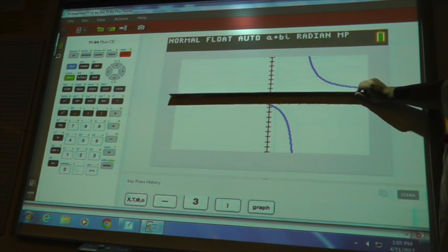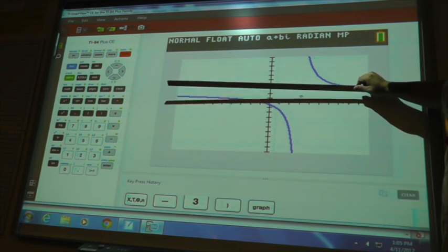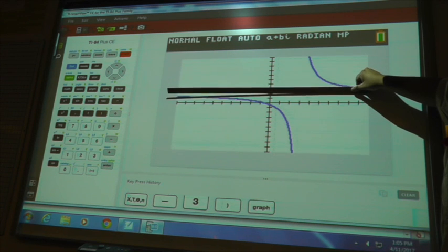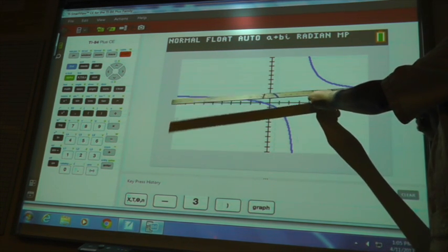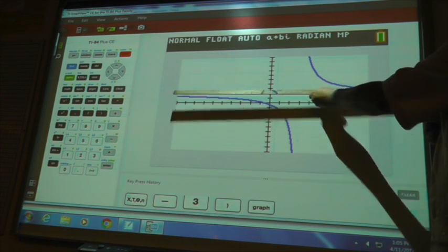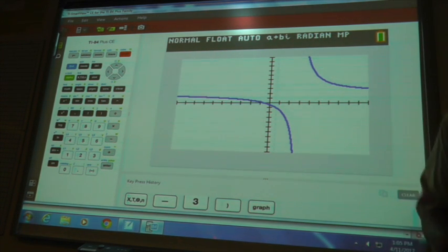At 2, which of course the shadow disappears, this never touches 2, and this never goes below 2. Now I'm going to show you how to calculate this by hand, but can you guys see it at least? You guys see that y equals 2 is an asymptote.